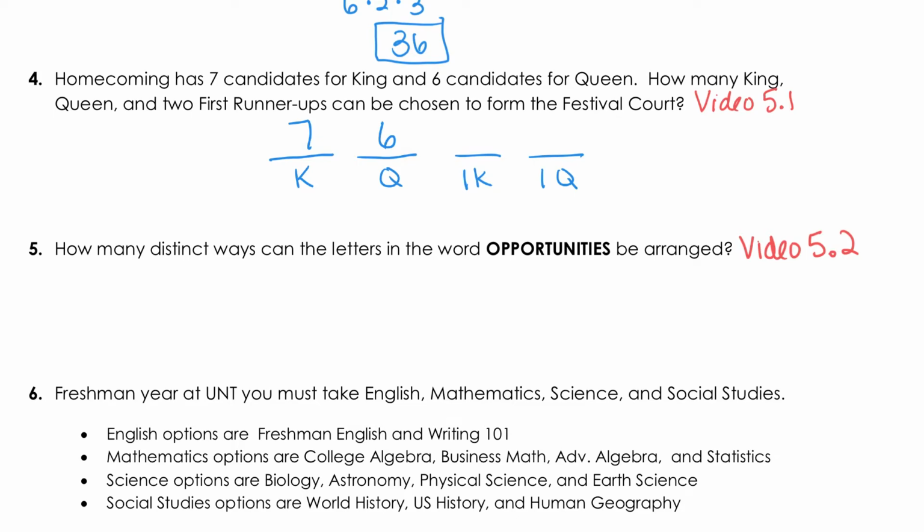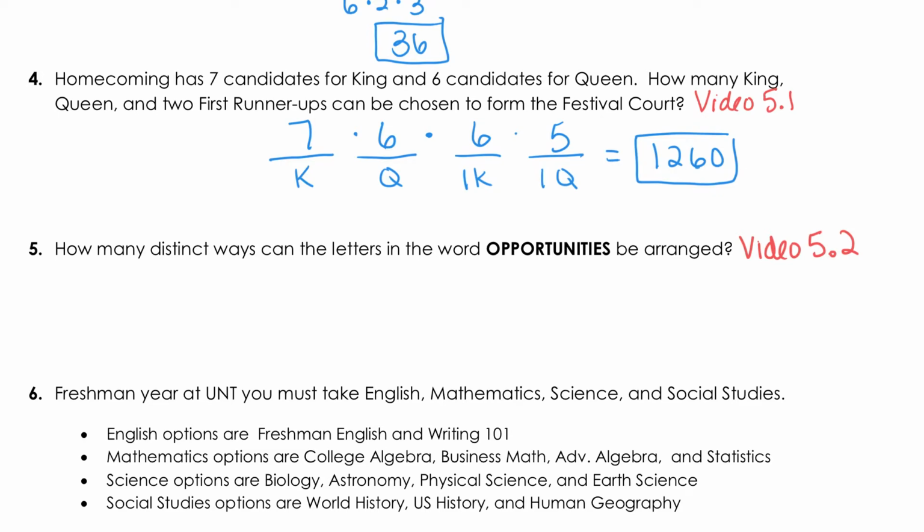Then obviously whoever's chosen can't be chosen again for the first runner-up. And so we're going to have 6 options for first runner-up king and only 5 options for first runner-up queen. So we're going to multiply those together. And that's going to give you 1,260 options.